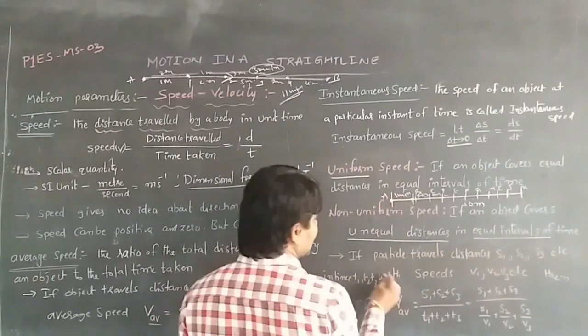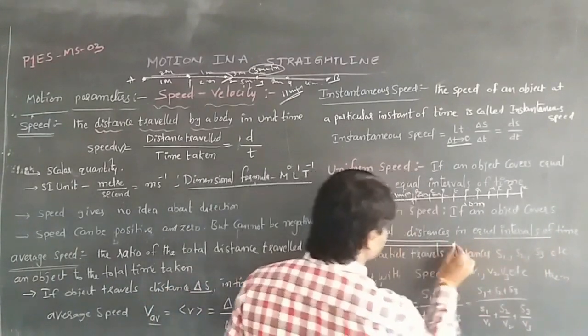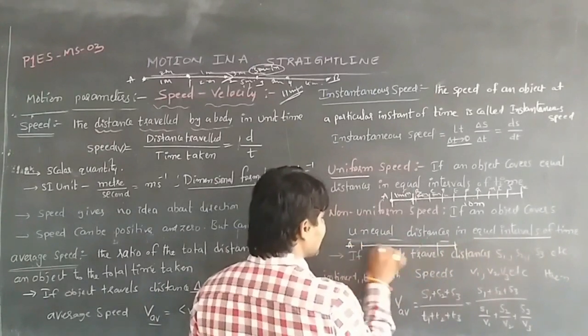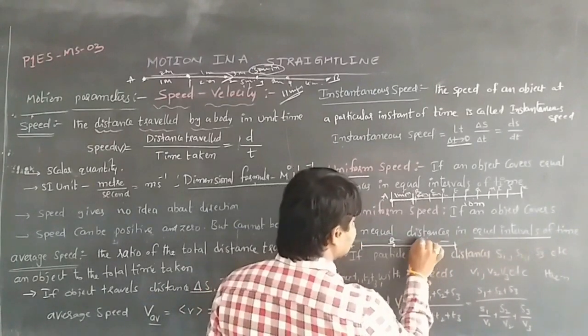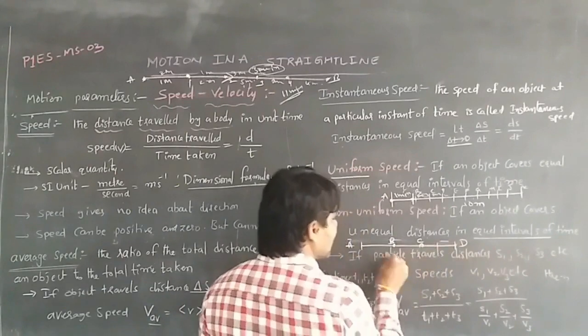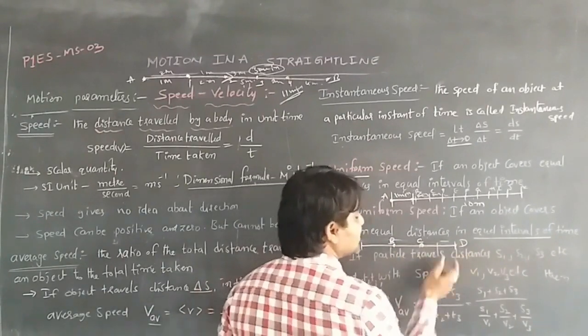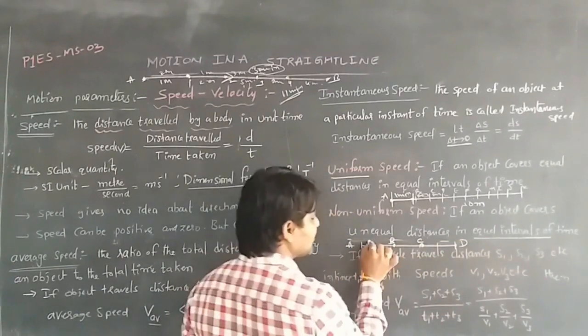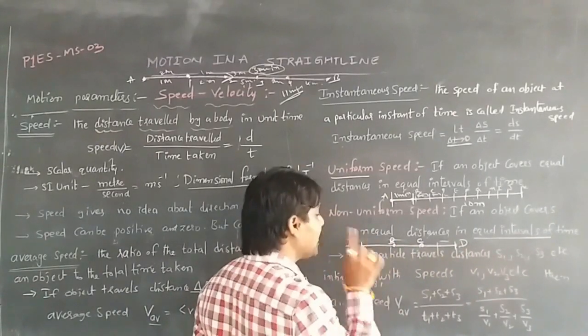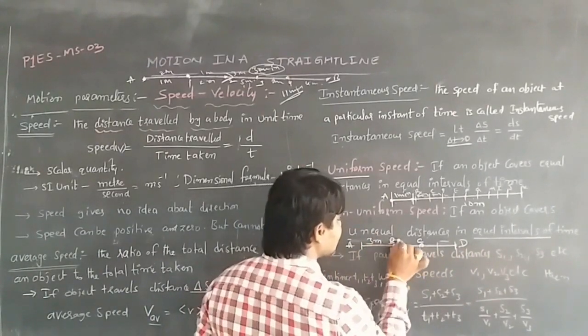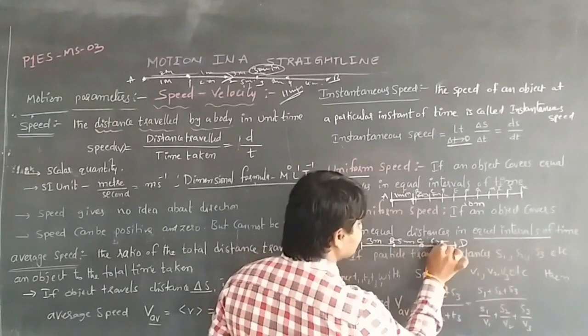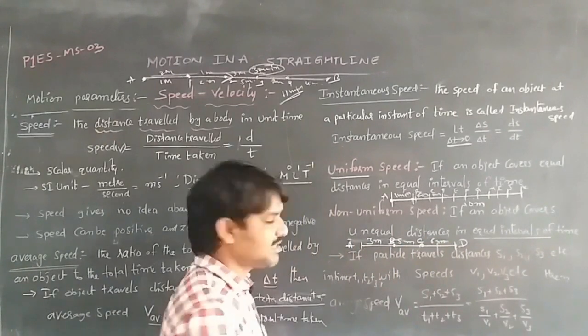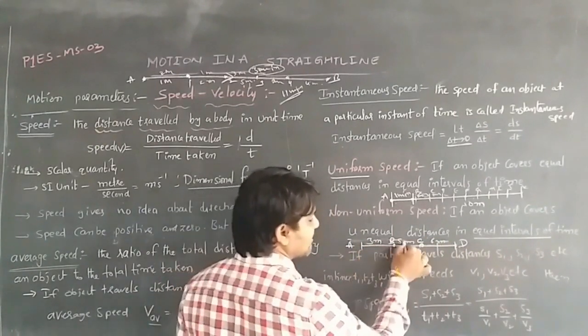For example, when a body travels from A to B, B to C, and C to D, these are unequal distances: consider 3 meters, 5 meters, and 6 meters.